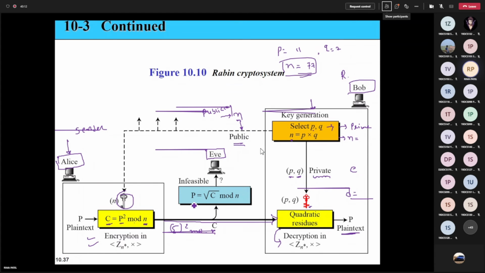What she has to do in order to get the plain text is compute root C mod n. Now here, the Rabin crypto system is deterministic.